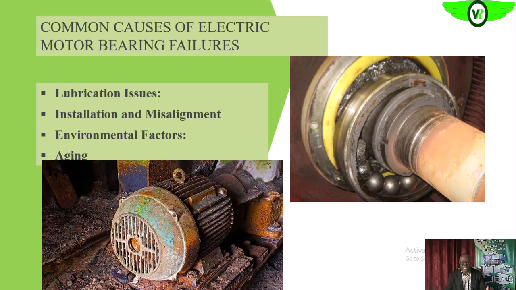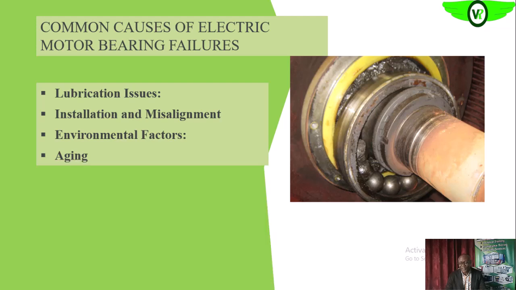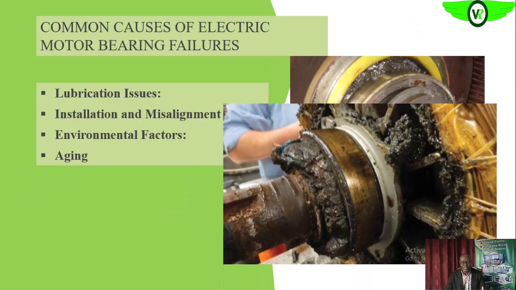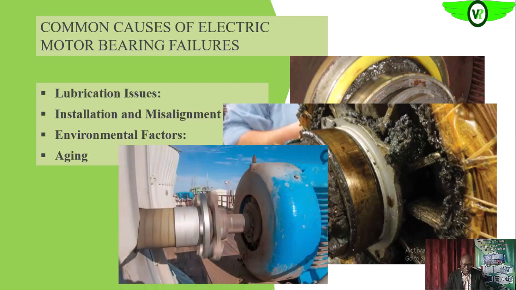If all of this gets into the bearing, it will affect the bearing. Apart from initiating corrosion around the bearing, it can result in the lubricant losing its lubricating capacity, as you can see on the screen.